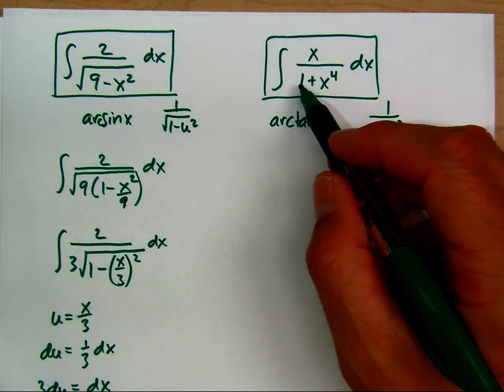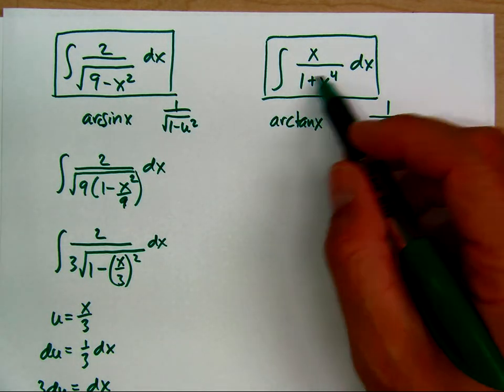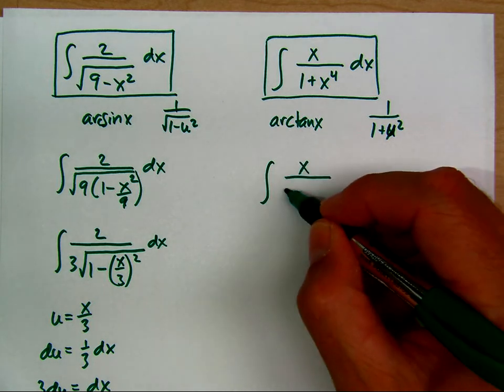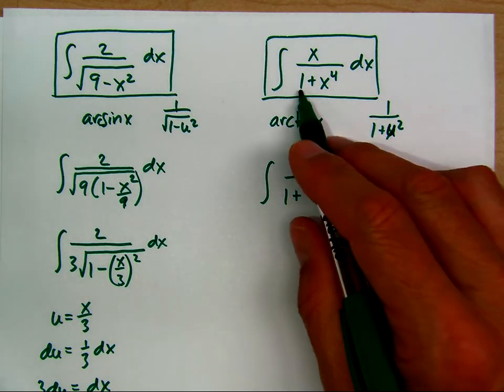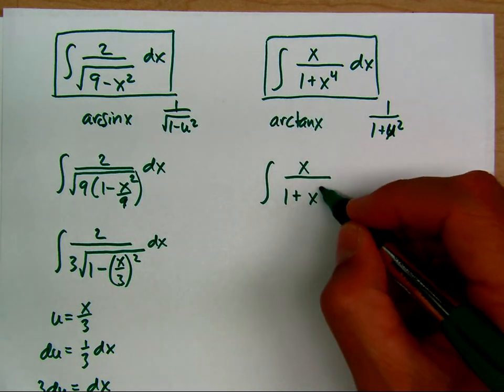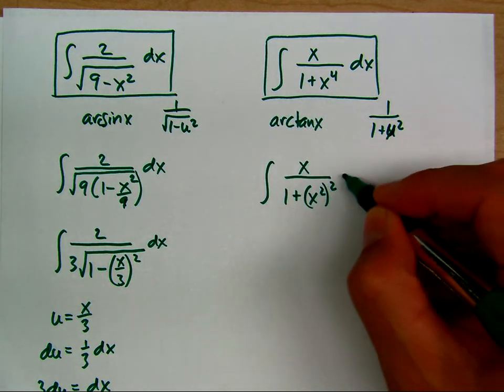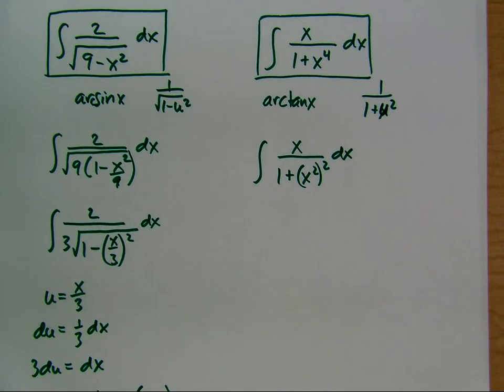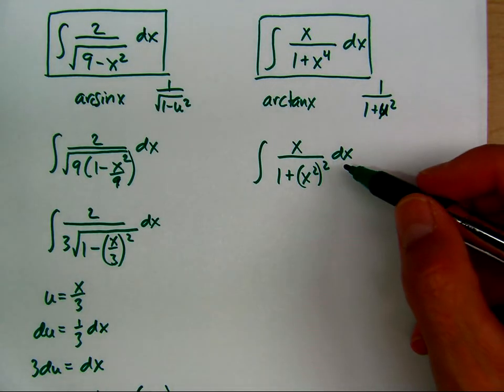We need to make 1 plus u squared appear in the denominator. We don't have to factor, we already have the 1, and we can write that as x squared squared. And we're ready to try substitution.